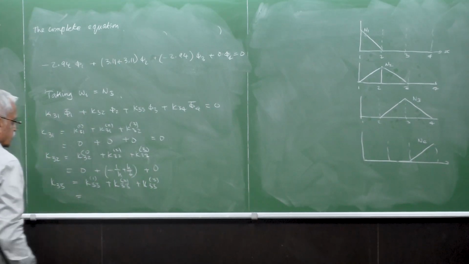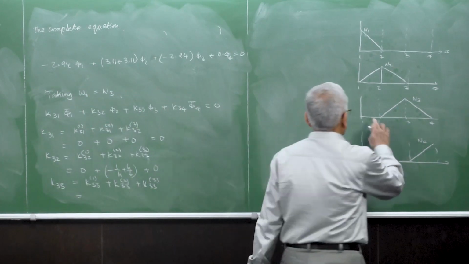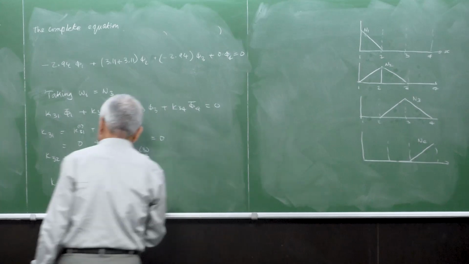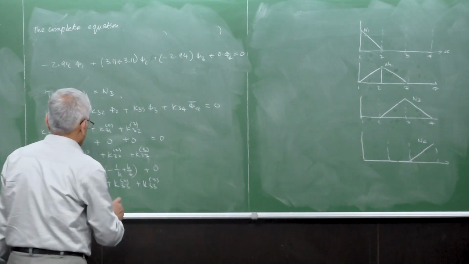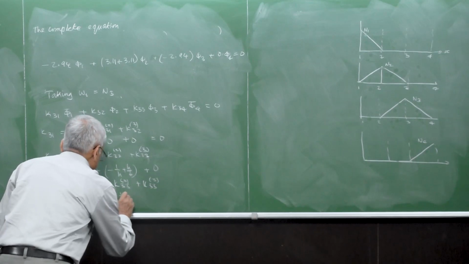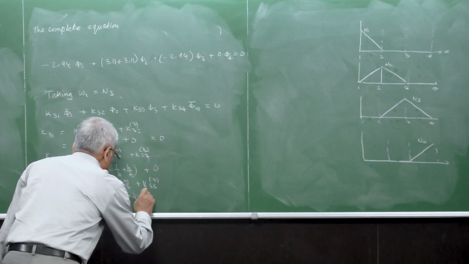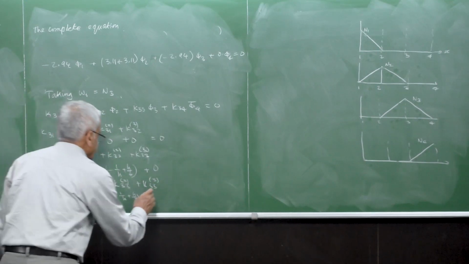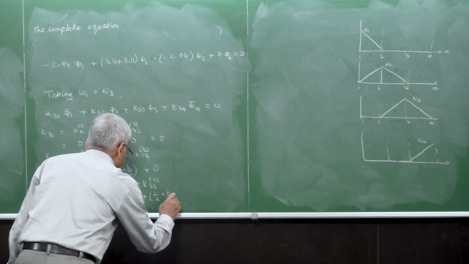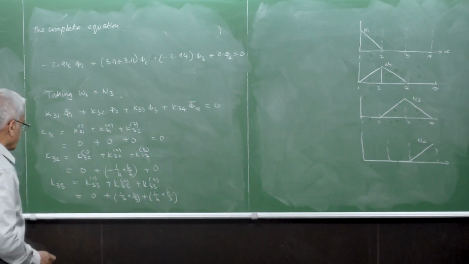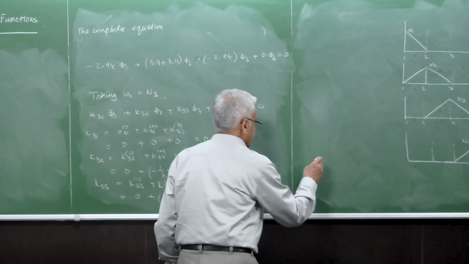Okay, so how much is that? 3-3. Obviously it is both 3, so there is nothing in element 1, so it is coming from element 2, which is 1 by H plus H by 3, and the same thing from element 3 also you have exactly the same contribution. Okay, so same thing, let's continue here.